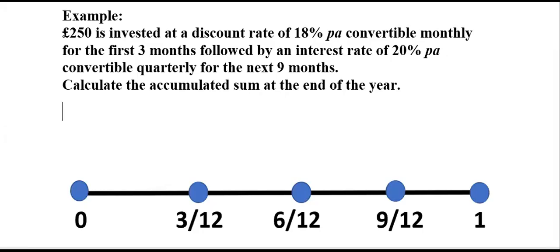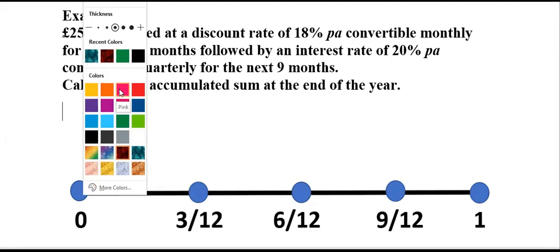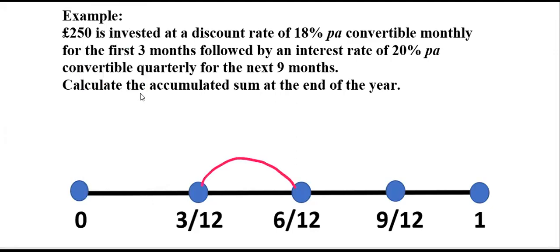250 is invested at a discount rate of 8% per annum convertible monthly for the first 3 months, followed by an interest rate of 20% per annum convertible quarterly for the next 9 months. That means if you see, the conversion is quarterly, here 5%, here 5%, here 5%.